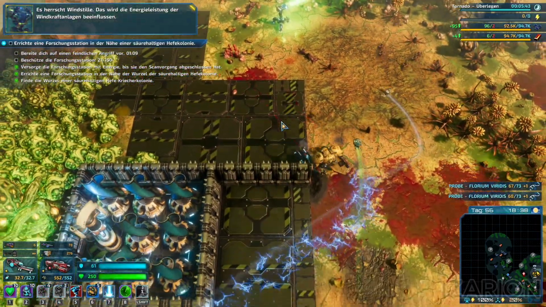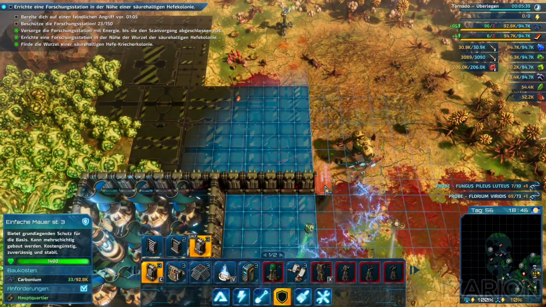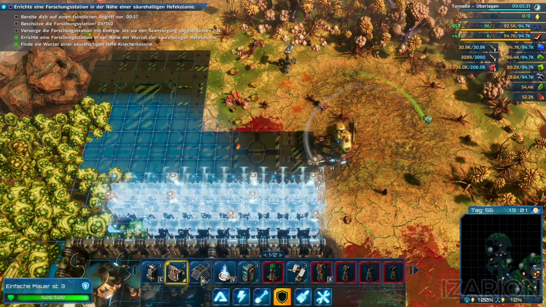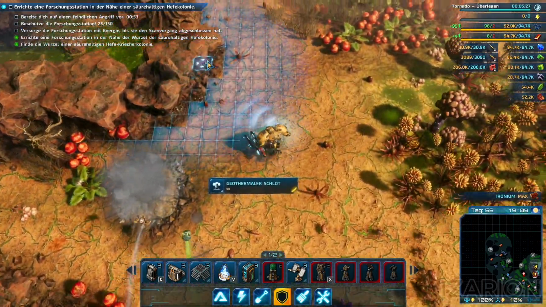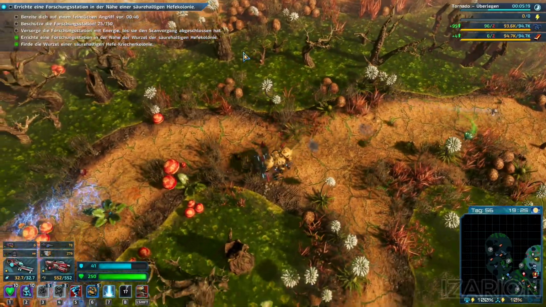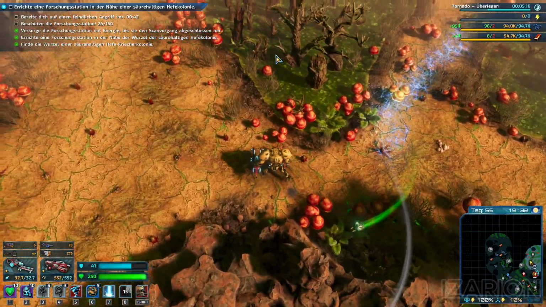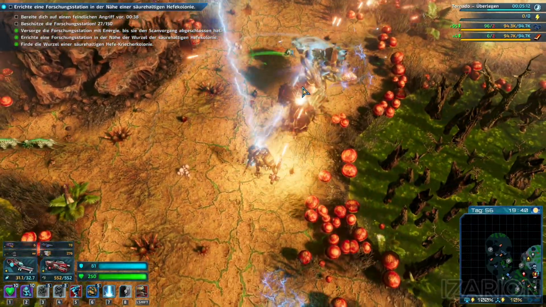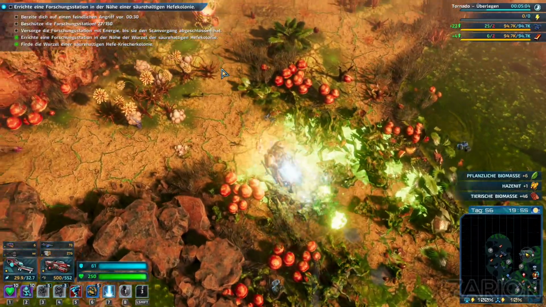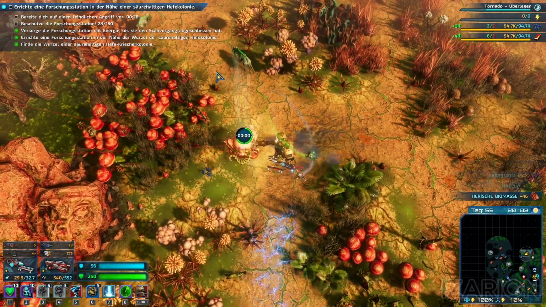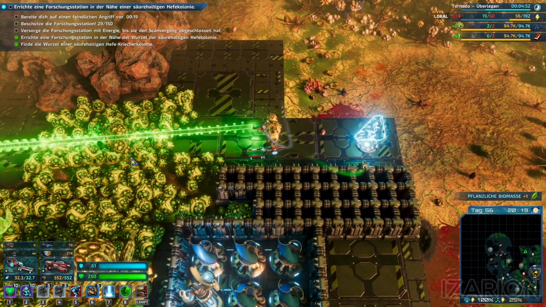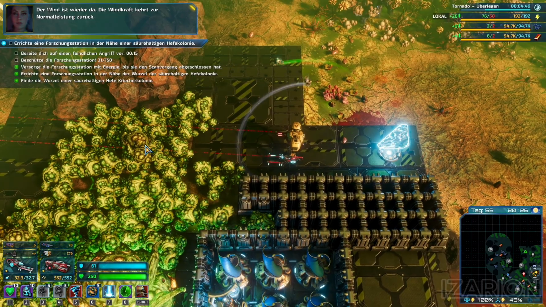This will affect wind turbine power generation. The wind is coming back. Wind power is returning to normal.